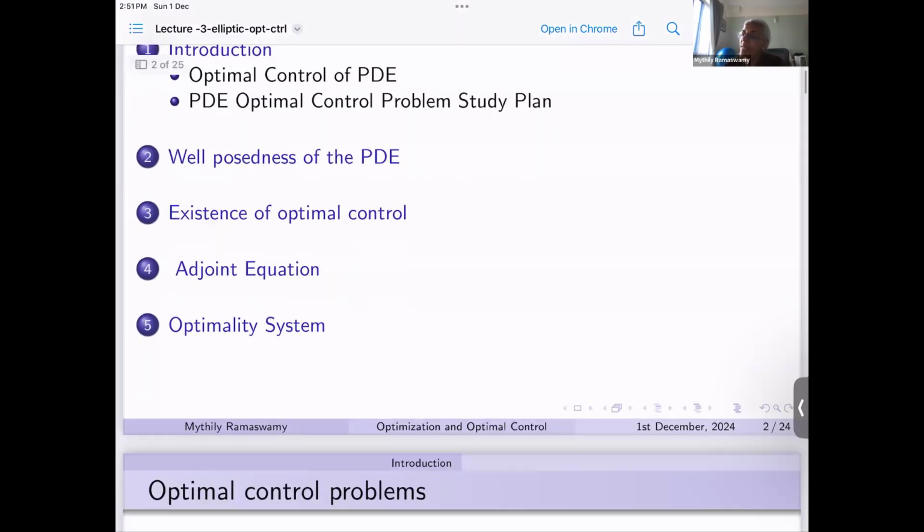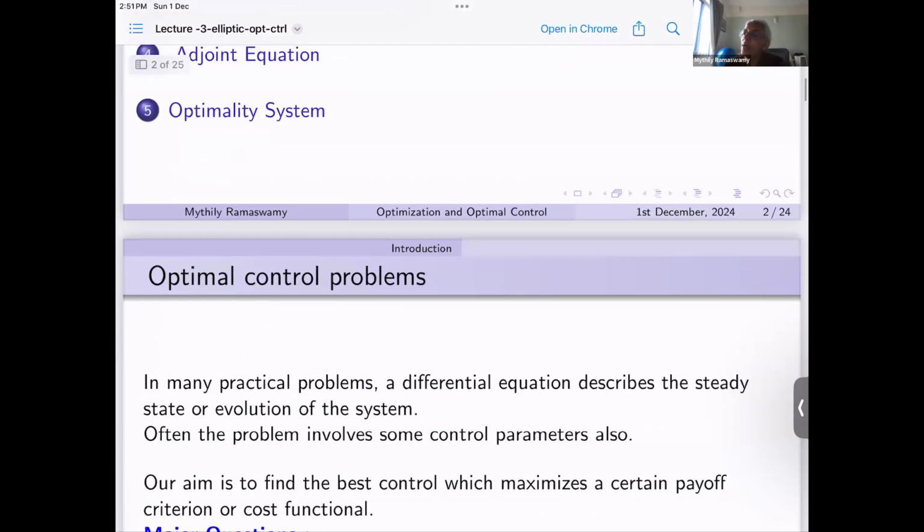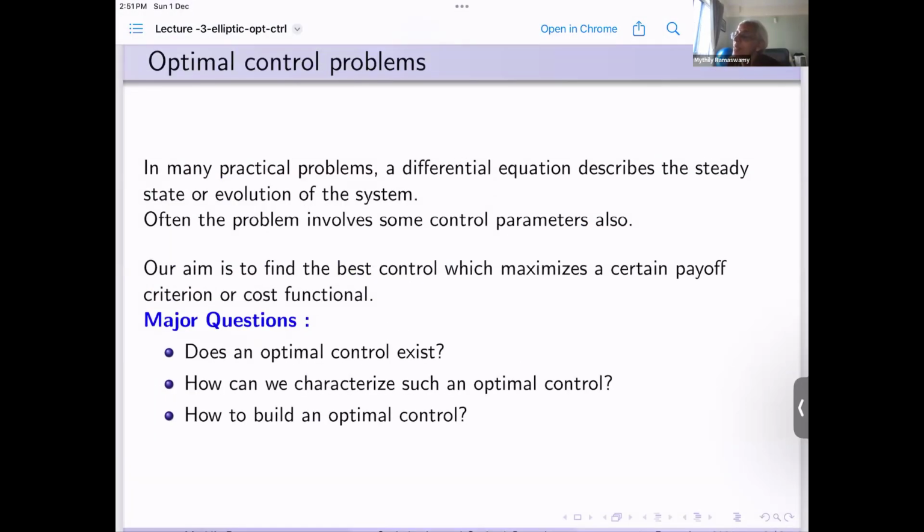So let's see one example to motivate. In many practical problems, a differential equation describes the steady state or the evolution of the system. And often the problem may also involve some control parameters. So we would like to find the best possible control which maximizes a certain payoff criterion or cost functional.